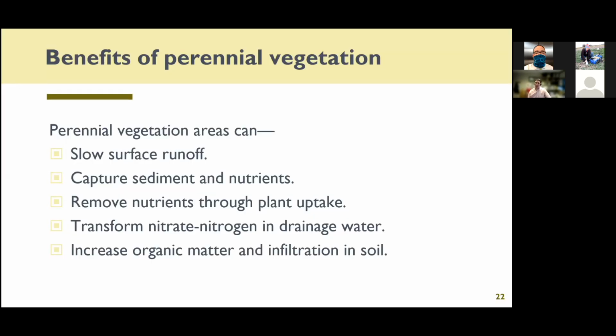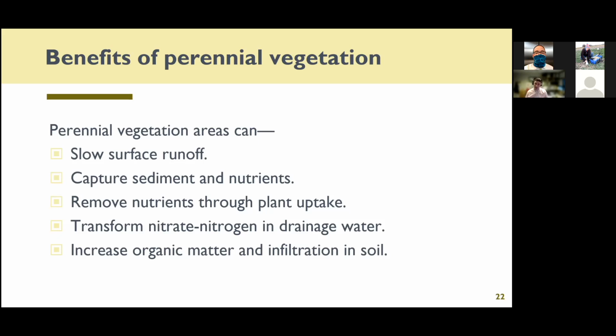Some of the benefits that we might see: we're going to be slowing down runoff, and capturing sediment and nutrients because of that slowed runoff. Obviously, these perennial species are taking up plant nutrients, not just during our typical row crop growing season; they're green and actively taking up nutrients both in the spring and the fall when those corn and soybean crops would not be.